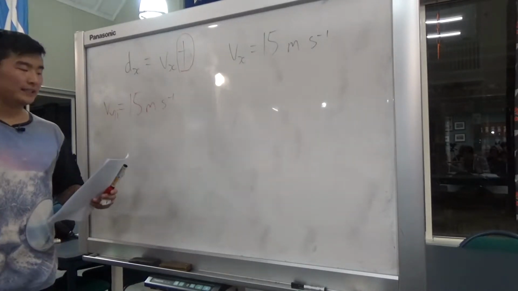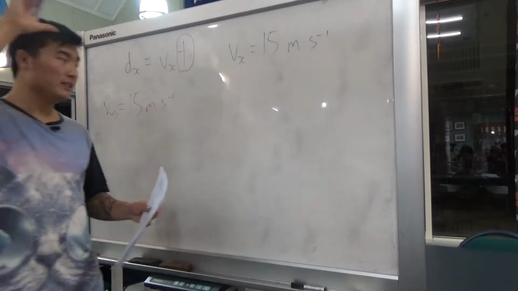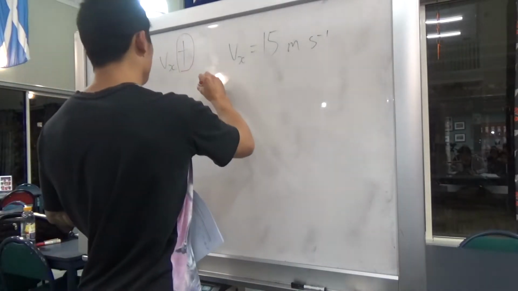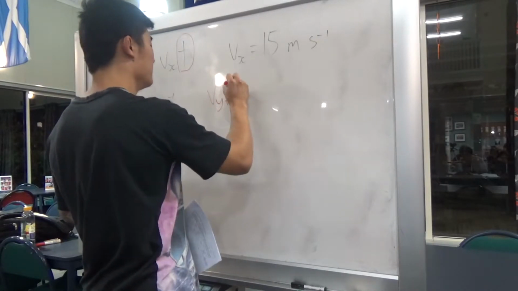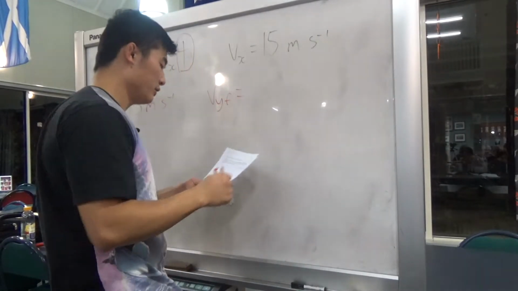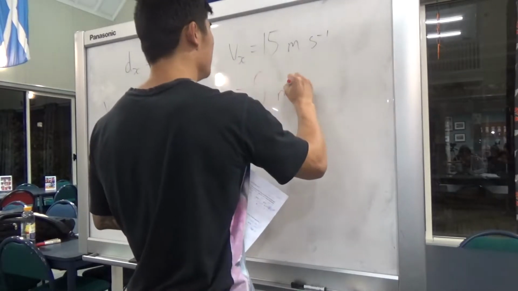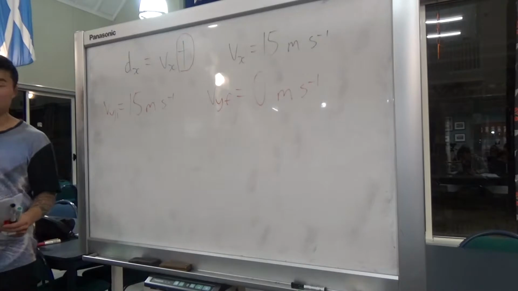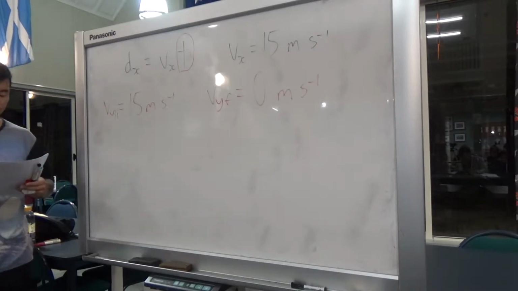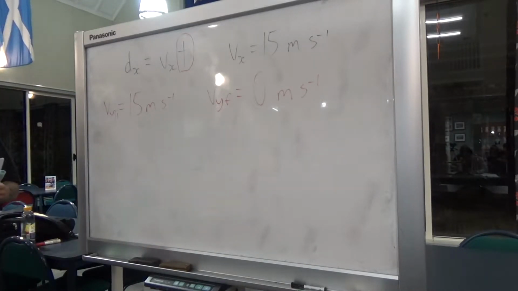And when it gets to the top of its motion, the Vy final will be equal to 0 meters per second. So when it's at its highest point, the vertical velocity will be 0. Okay.